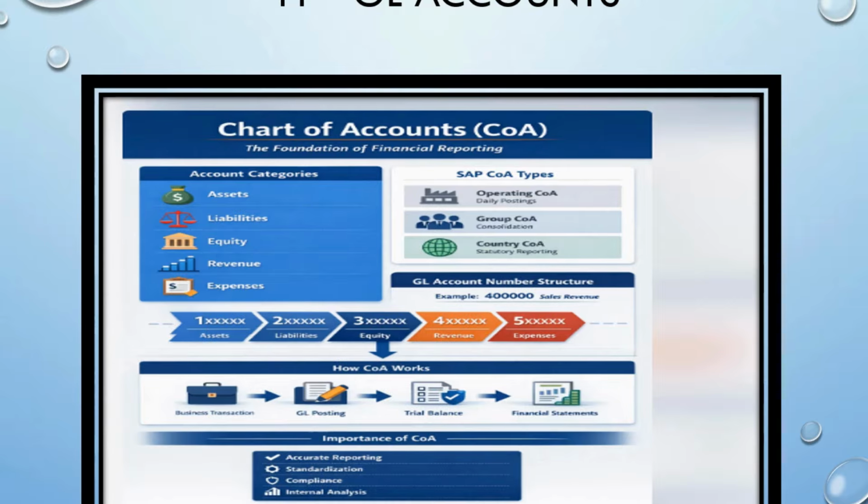What are the types of chart of accounts? The chart of accounts can be an operating chart of accounts, a group chart of accounts, and a country chart of accounts. Operating chart of accounts, what does it mean? The operating chart of accounts is where day-to-day operational activities happen. Group chart of accounts: the holding company and the subsidiary company, for example the holding company in the US and an Indian company.